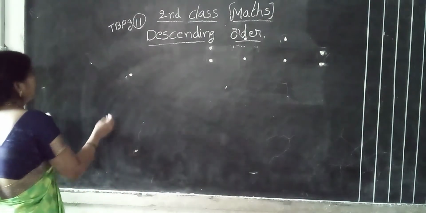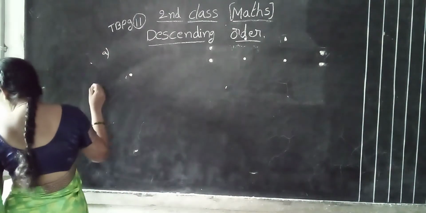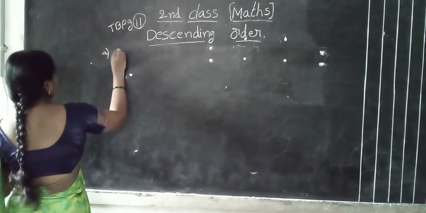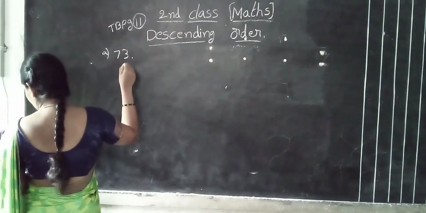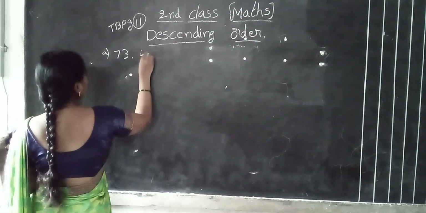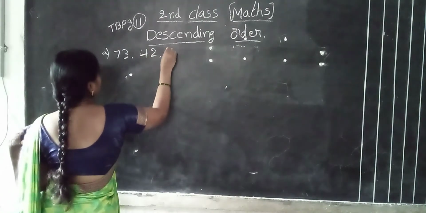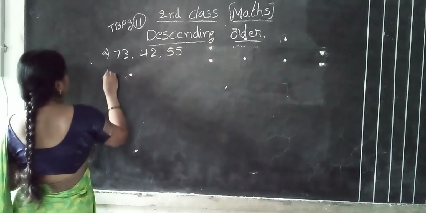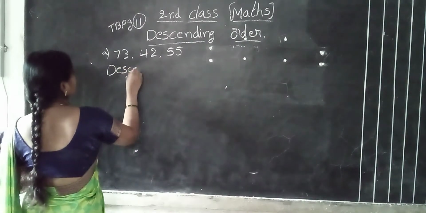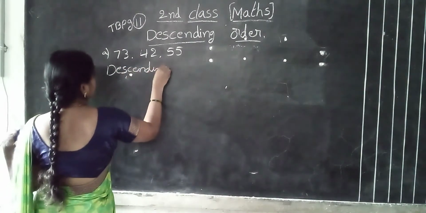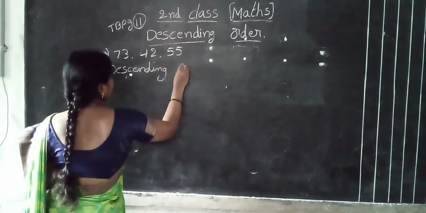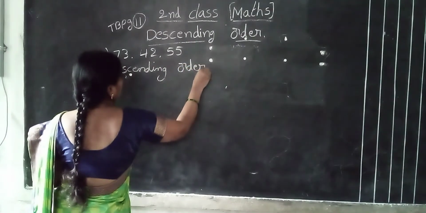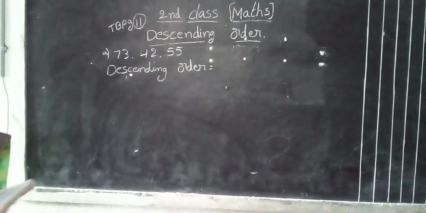In descending order, first one is 73, 42, 55. D-E-S-C-E-N-D-I-N-G, descending order.